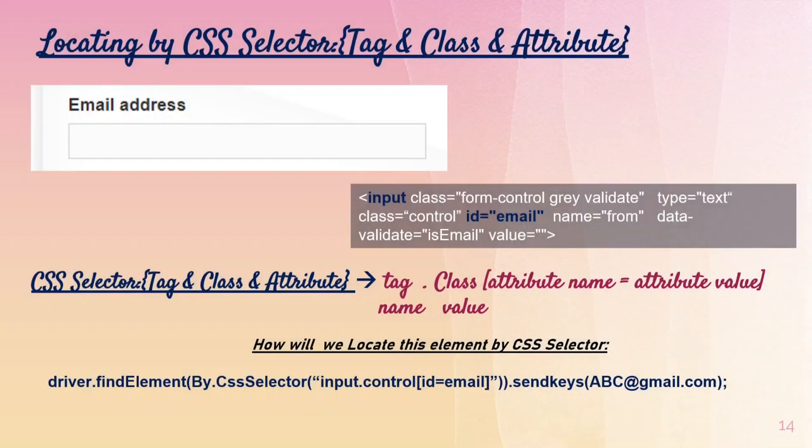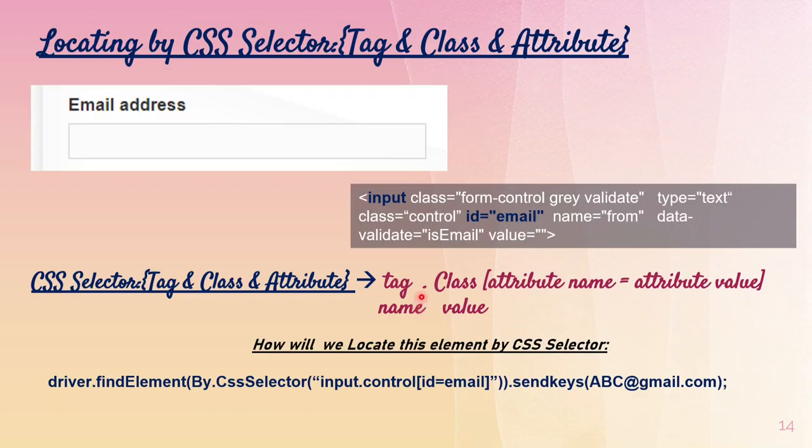My next CSS locator is tag and class and attribute. So how am I going to do that? I just have this text box, that is the email address, and I have the syntax over here. For tag name, it's tag and class and attribute, right? So first we'll insert our tag name, that is input.